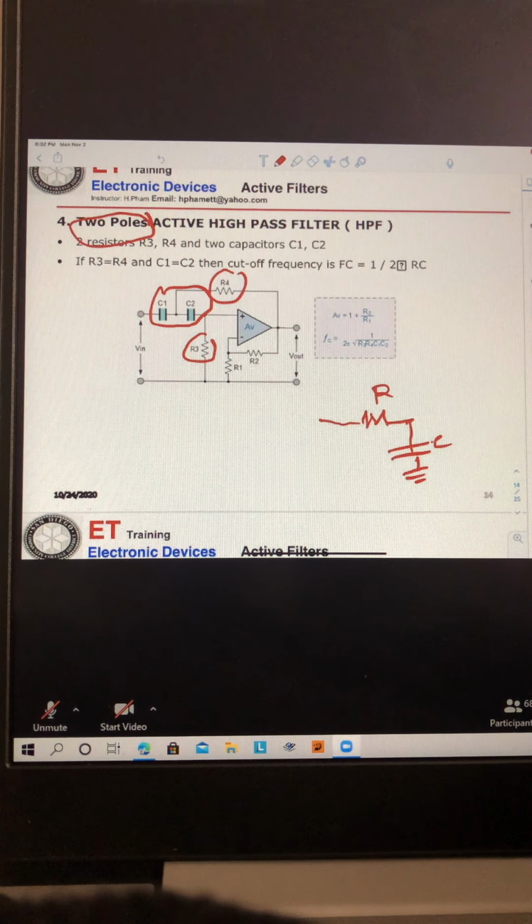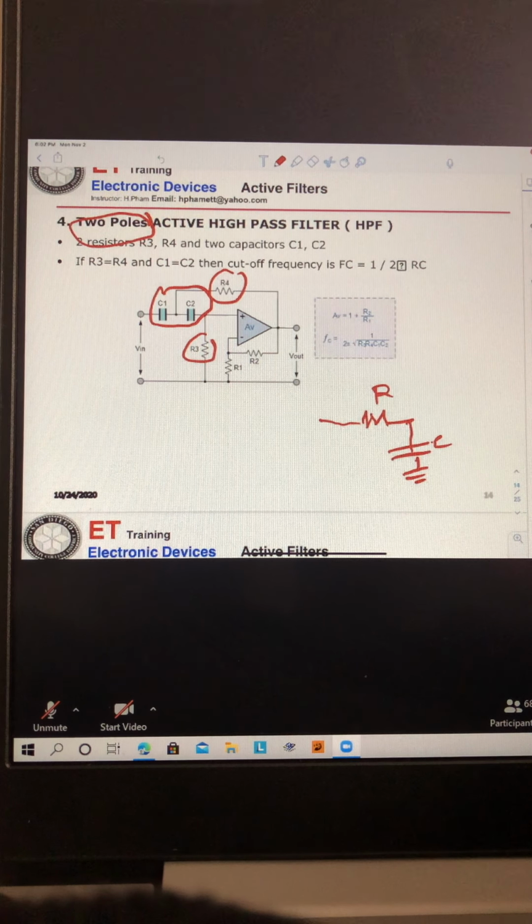You cannot memorize the circuitry. I just give it to you in order to explain how you get the 1 pole, how you get the 2 pole. Okay?